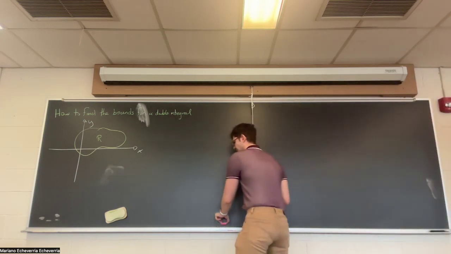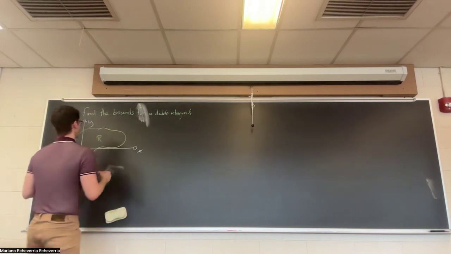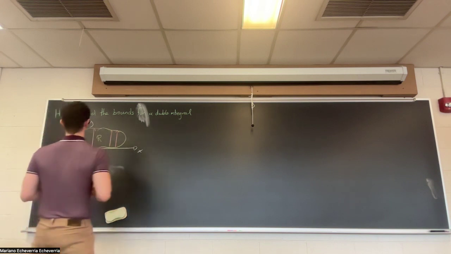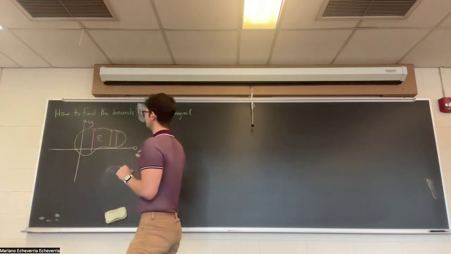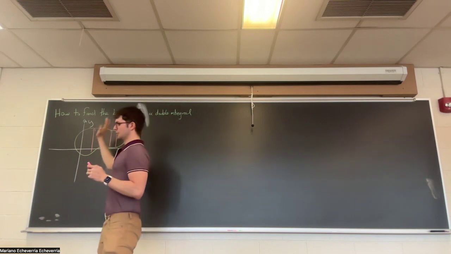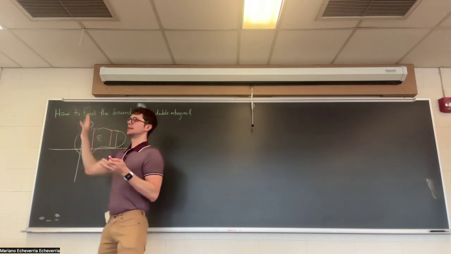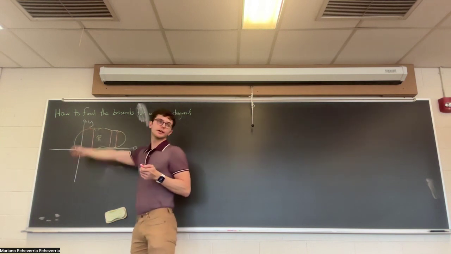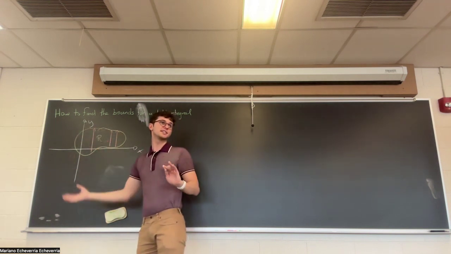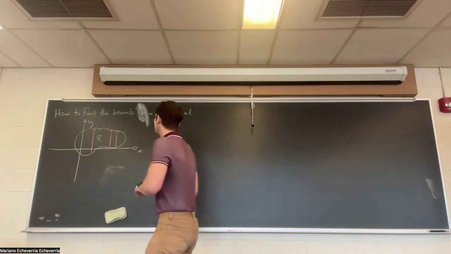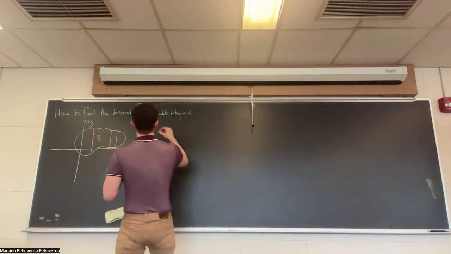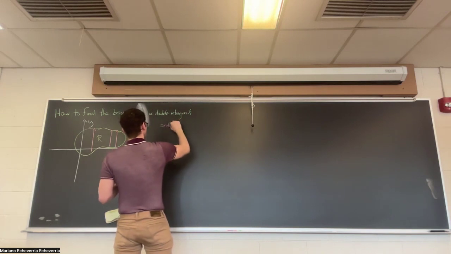I think these were the colors that I used last time. Say you cut the region using vertical cuts. Then the y variable is the one that's changing, so you integrate first with respect to y. That is usually called the order of integration dy dx.